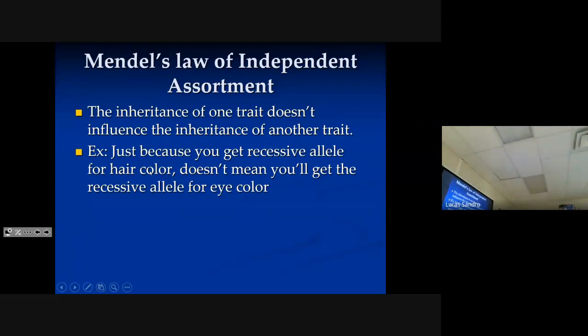Which means if we are tracking two genes at once, we're dealing with a wider range of probabilities.